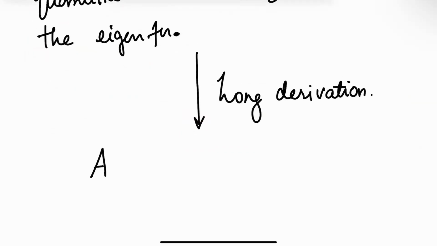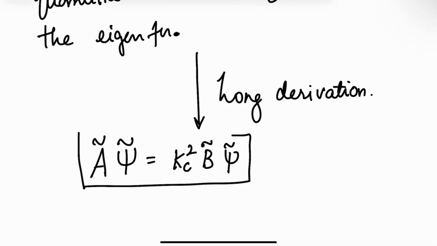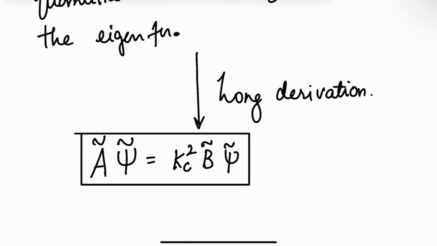That reduces, so that equation up there reduces to this equation: A tilde psi tilde equals C square B tilde psi tilde. Okay. So this is the finite element equation, let me say.